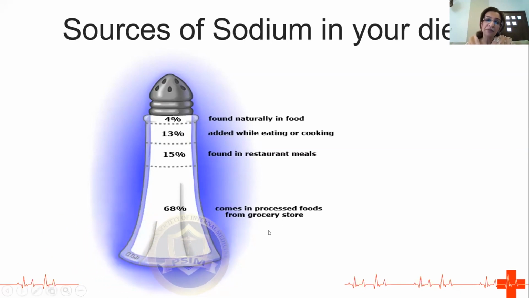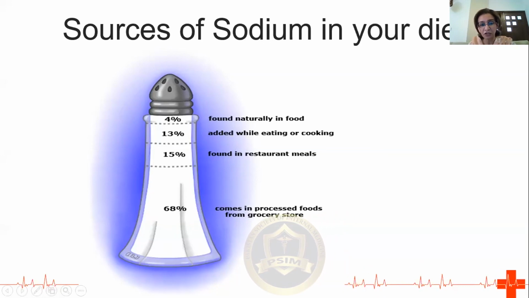Most of the sodium in the diet actually comes from processed foods from grocery stores. So this means everything that is packaged, from your sausages to your frozen food, frozen meat slices, pickles, canned food. And this constitutes a lot of the diet of modern times or the urban population. 15% comes from restaurant meals. 13% is added while eating or cooking, and 4% is found naturally in food.